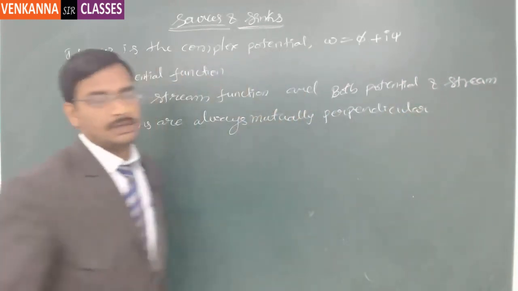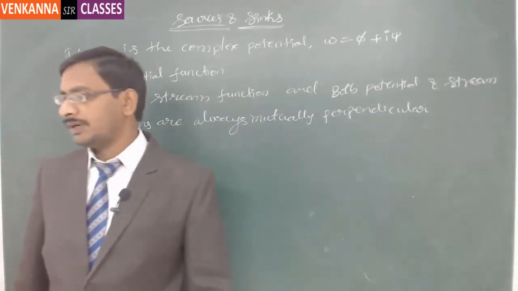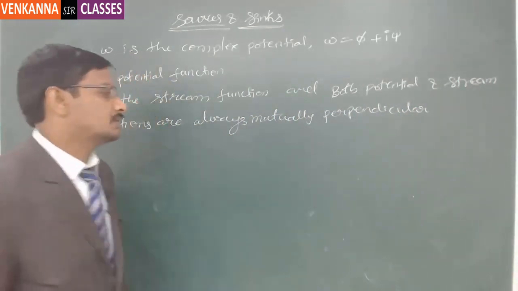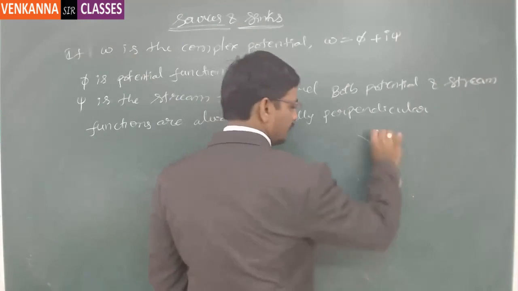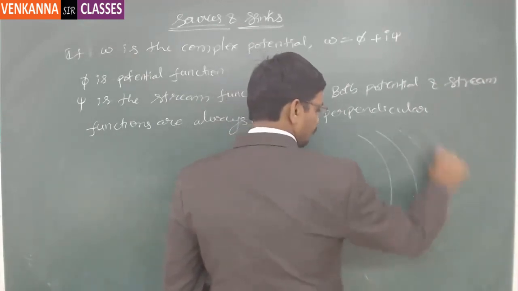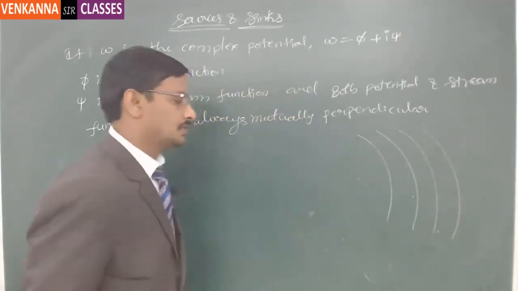Mutually perpendicular. So this is the basic rule, right? So in this basic rule, suppose you have the equipotential lines like this, so these are the equipotential lines.